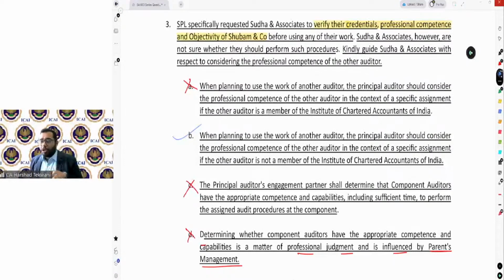The statutory auditor. Reporting on the financial information means I'm expressing an opinion on the financial information. I'm not preparing and presenting the financial statements. Rather, I'm reporting on the financial statements, on whether they are true and fair or not. That's the role of the other auditor, and that is the role of the same statutory auditor also.